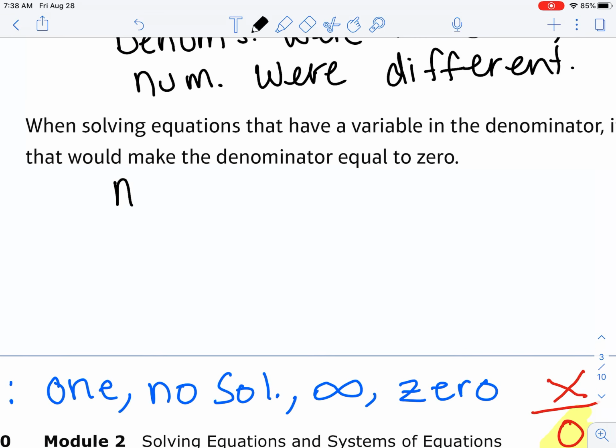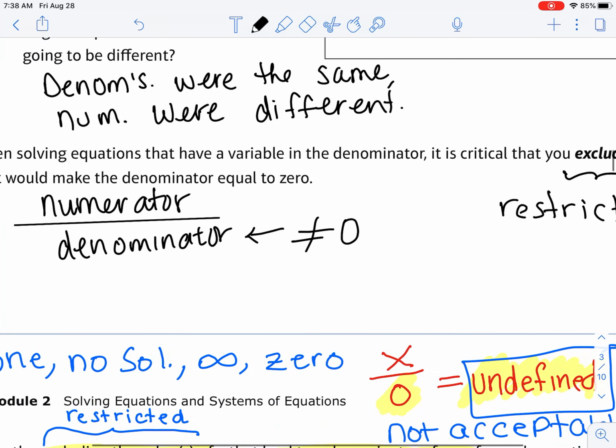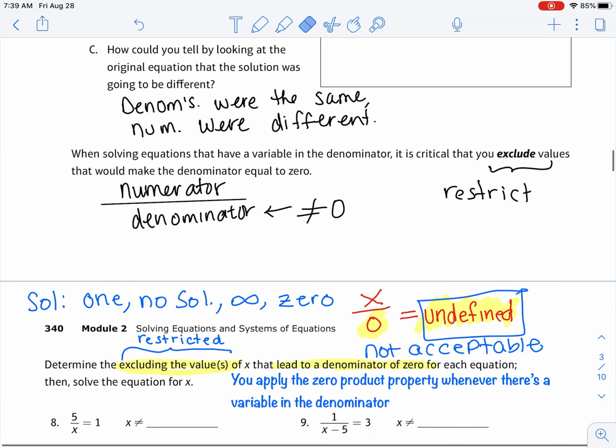So again, just to remind you guys, your numerator is on top, numerator all over the denominator. So essentially, the denominator cannot equal 0. Okay? So you can have a 0 in the numerator, because 0 divided by, let's just say 5, if you guys got your calculator, 0 divided by 5 is just 0, and that's an acceptable solution, which leads me to the next page, talking about acceptable solutions.